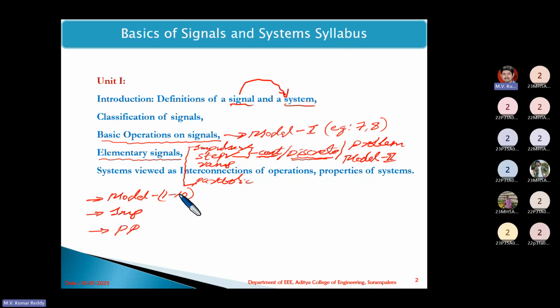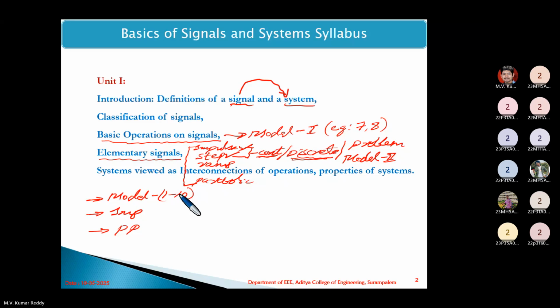Next, convolution. I'm telling just examples. Convolution may be in unit 2, unit 3, unit 4, and unit 5 also. So it all comes under one model. That is how we are discussing these important models.